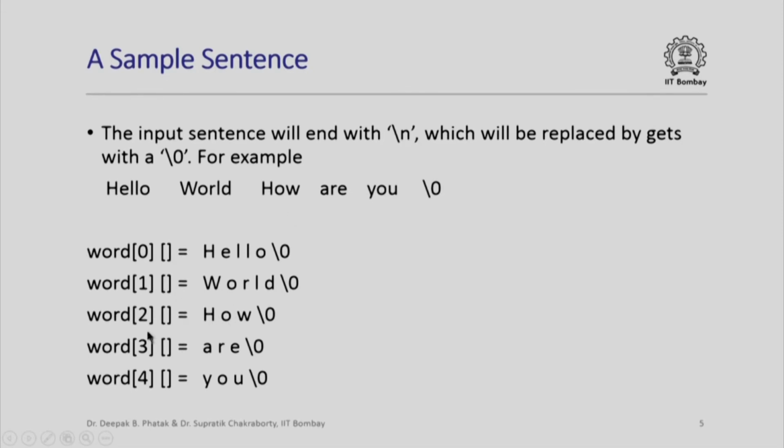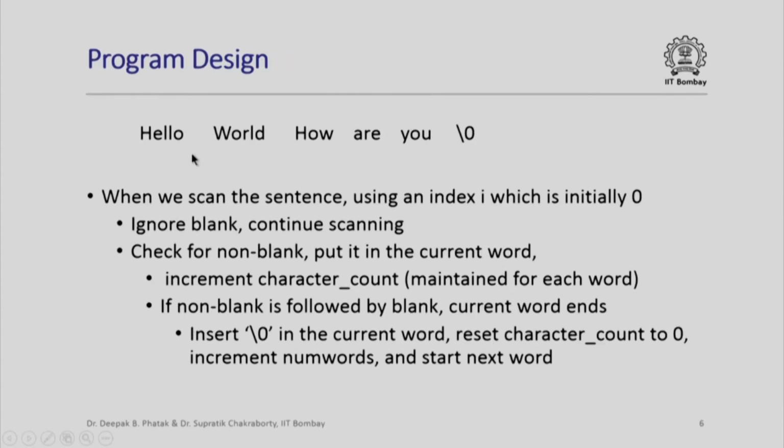How will be kept in the second row, are will be kept in the third row, you will be kept in the fourth row. So, 0th, first, second, third, fourth rows will be used because there are exactly 5 words. At the end, we will come out of the iteration and we should print all the words that we have discovered so far. This gives you some details about how we design the program.